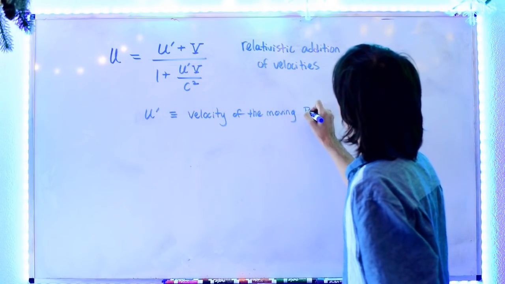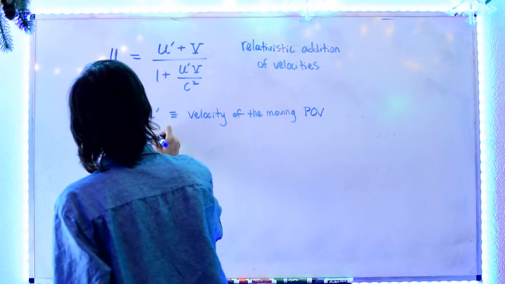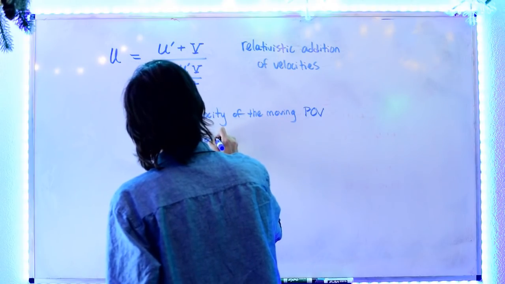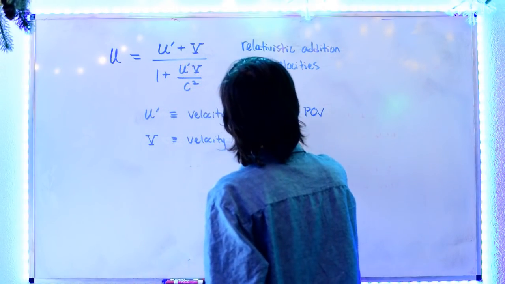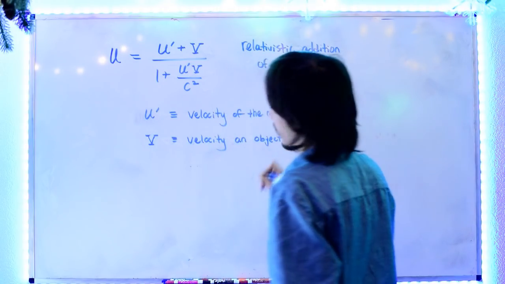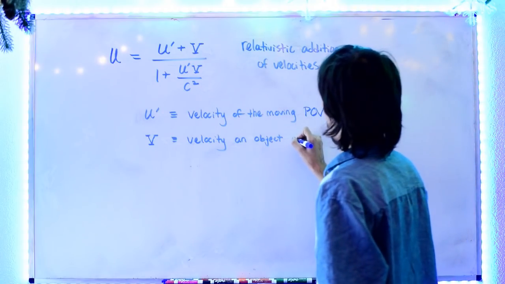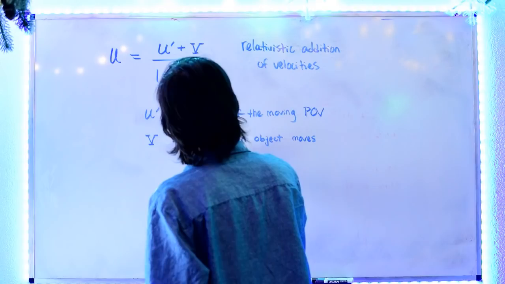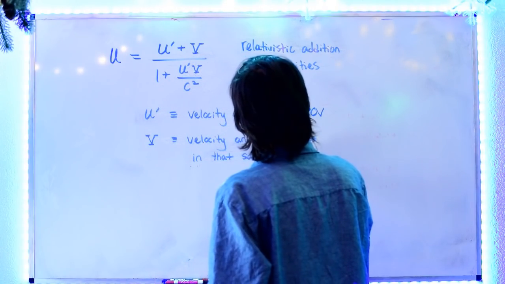Okay. V is defined as the velocity an object, and that object can be anything, including light itself, moves in that same point of view.